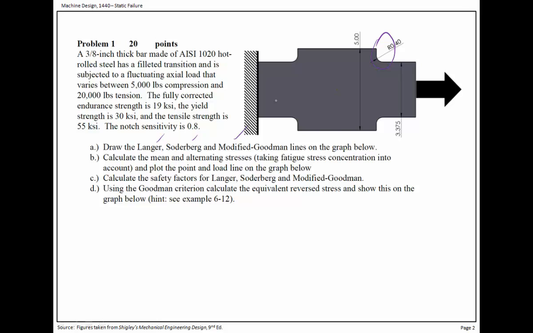Well, to be able to do that, we need to make sure that we have collected information on this steel right here. And if we look up in the back of the book, we will find that the yield strength for this AISI 1020 hot rolled steel is going to be 30 KSI.